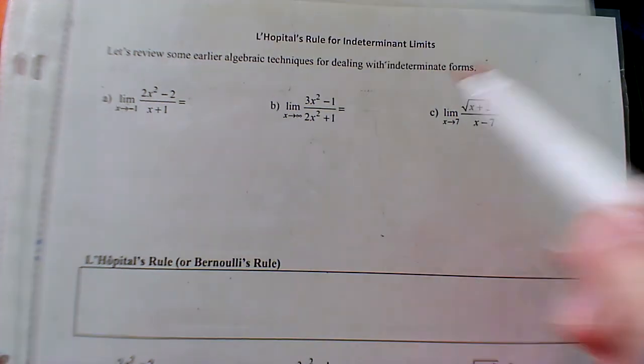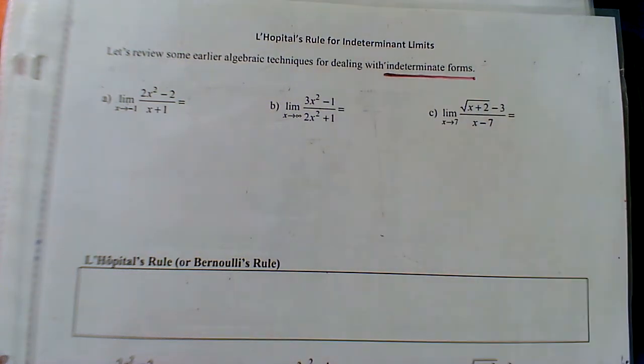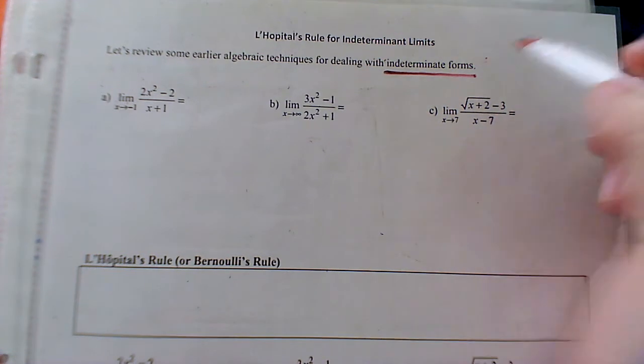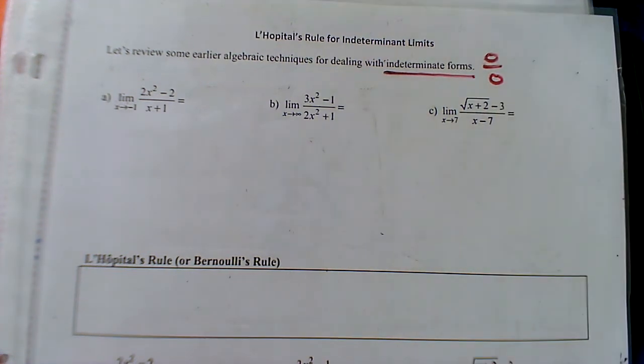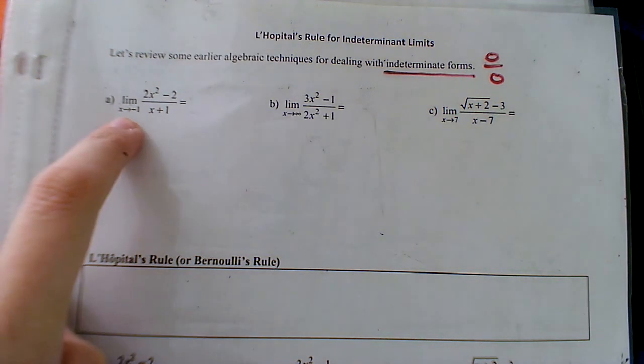An undefined value. That 0 over 0 is referred to as an indeterminate form. Okay, I think I referenced that vocabulary term at the beginning of the year. So 0 over 0 is an indeterminate form. Do we know what's happening graphically at that x location of -1? Do you remember what that 0 over 0 symbolizes?